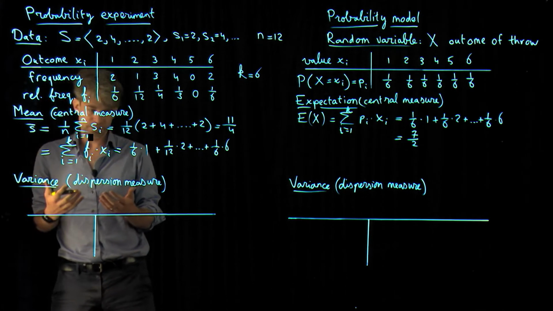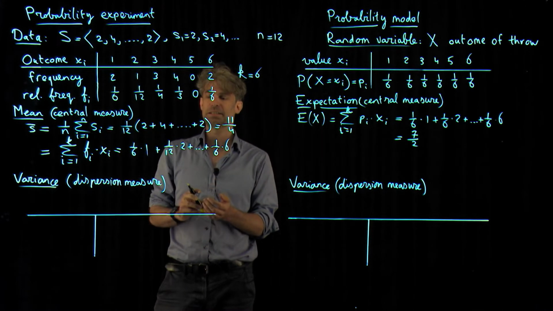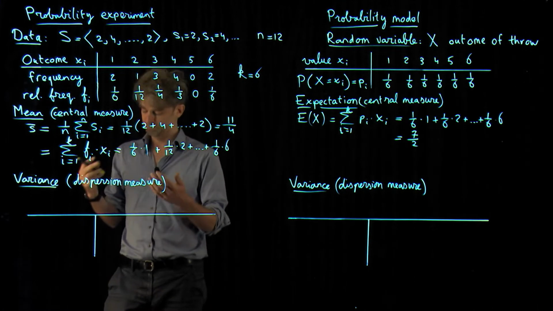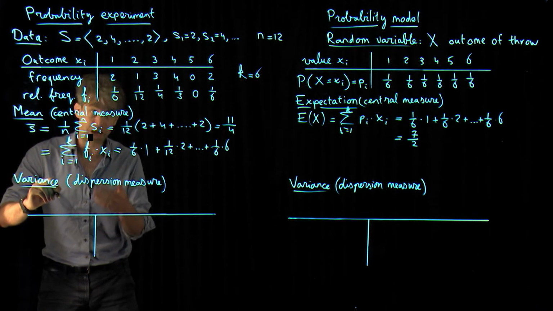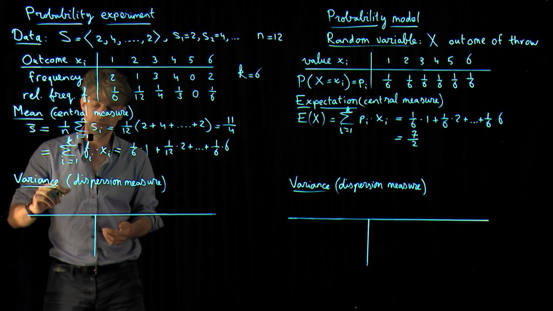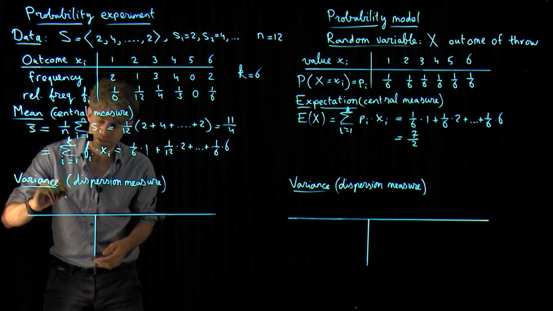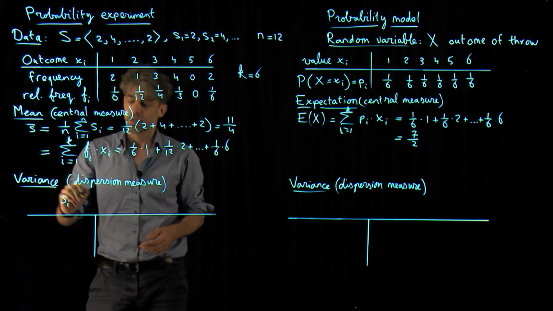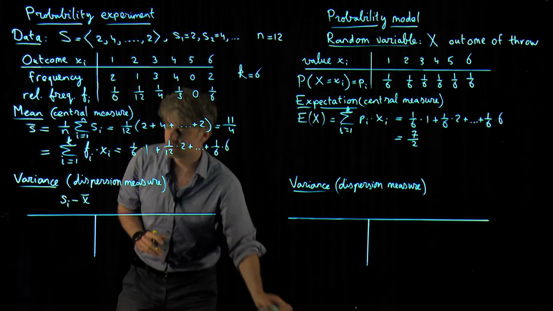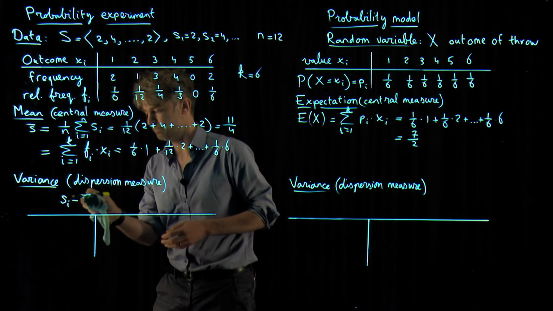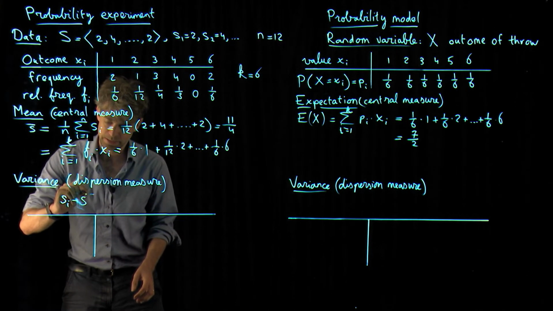You're interested at first in the deviation from the central measure, which in this case is the mean. So we're going to look at each of the possible outcomes, and you can define it in two ways actually. First, in the case of just all the data here, you can look at a possible outcome S_i, and then you look at the difference with respect to the mean, which I denoted by S bar, so S_i minus S bar.